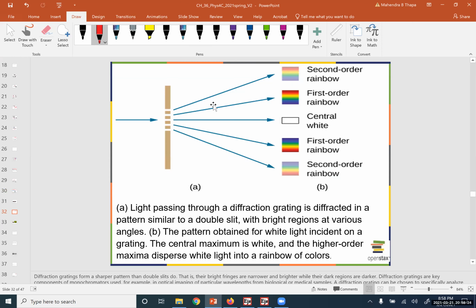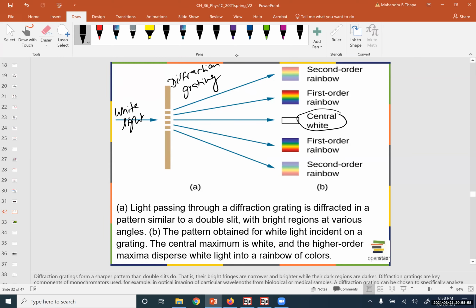In the case of diffraction grating, it depends on the color we are using. If you are using white light, then at the center we have a white band.